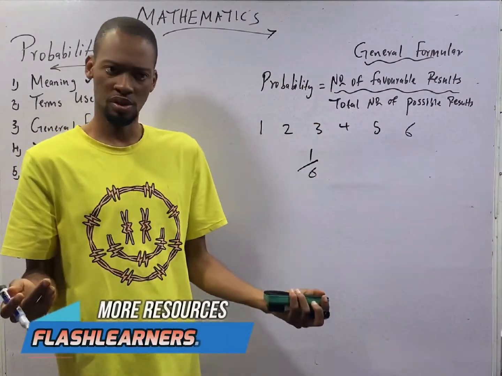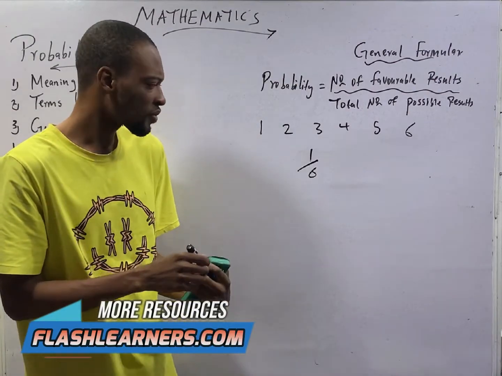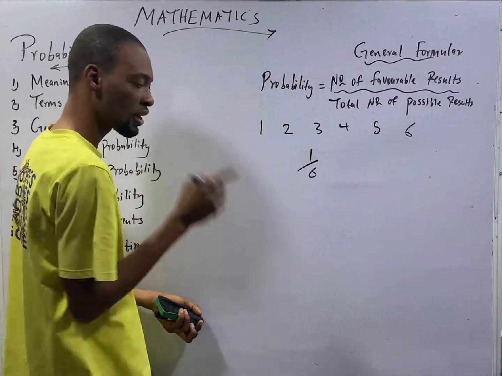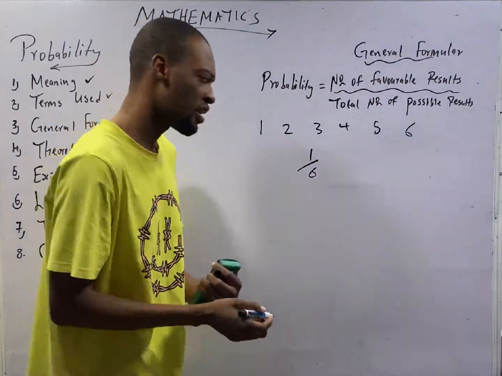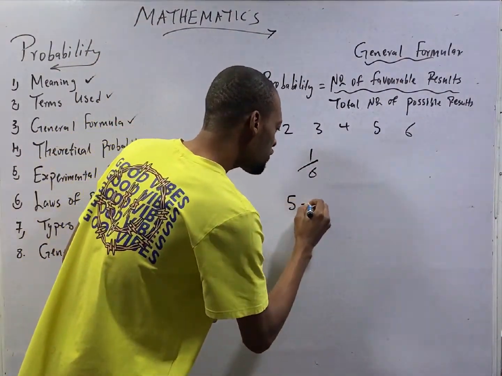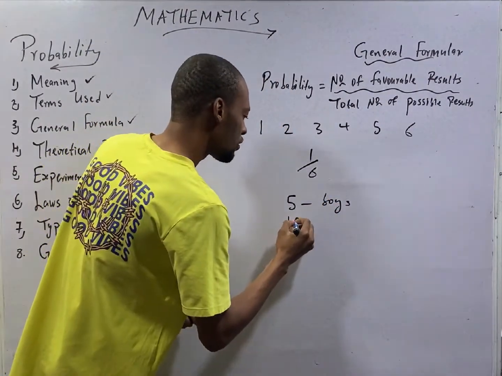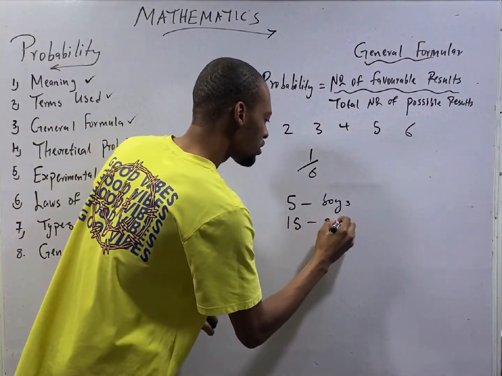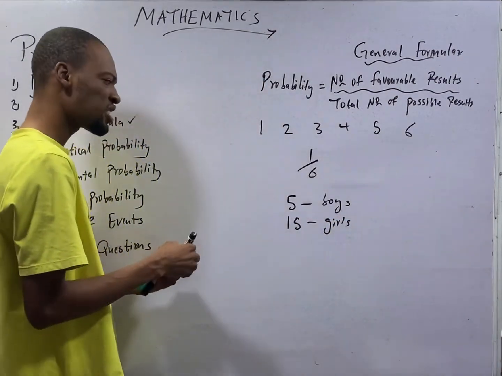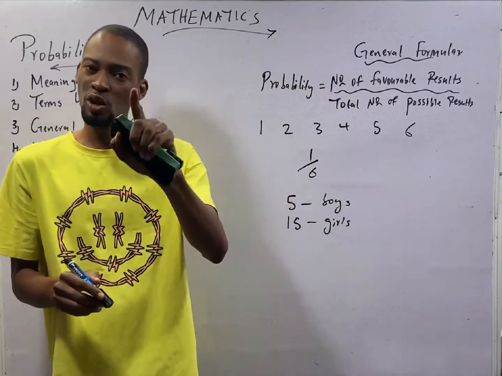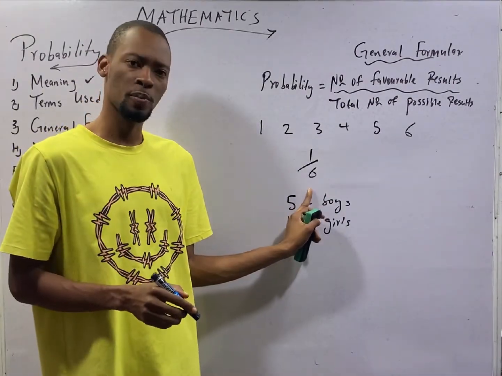If I say in a class there are 5 boys and 15 girls, what is the probability that a student picked at random is a boy?